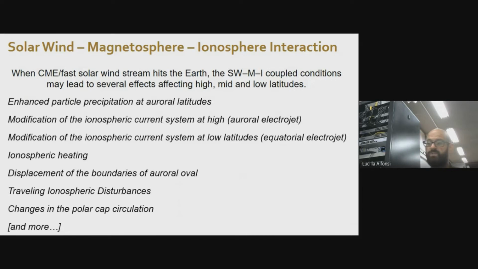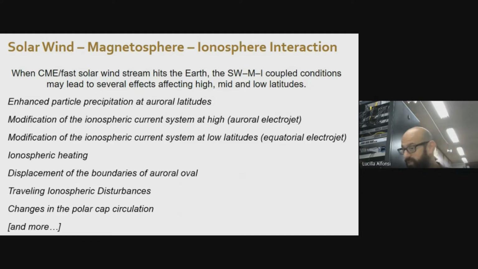Then the modification of the ionospheric current at high latitude: again, the field-aligned currents can induce this cell of convection of the plasma at high latitude, creating what we call the auroral electrojet. Then the modification of the ionospheric current system at low latitude, the ring current: the interaction between the solar wind and the magnetosphere reduces the intensity of the magnetic field at low latitude, and we can see in a while the indices related to this phenomenon.